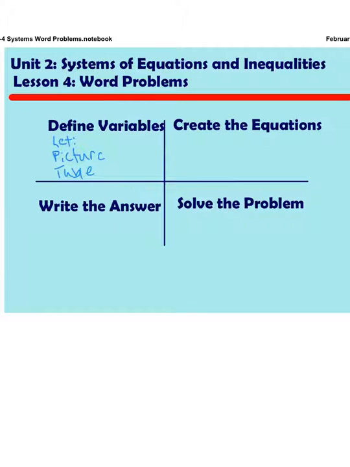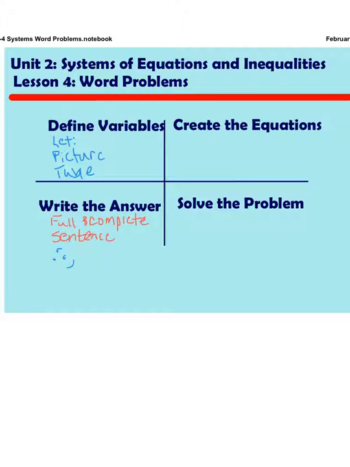And then you have to write the answer in a full and complete sentence. It's actually two E's, sentence. So we typically will use the word therefore or a triangle of dots.